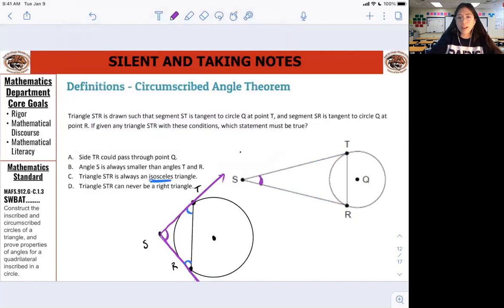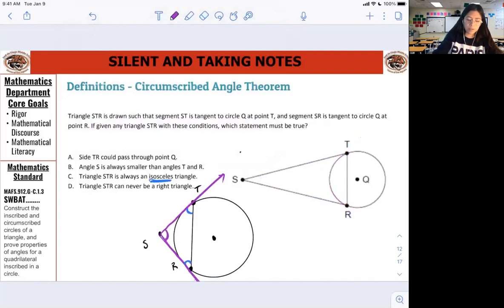But the tangent lines could be coming from anywhere. It could be really close to the circle, or really far away from the circle. As you get closer to the circle, what would happen to the angle?